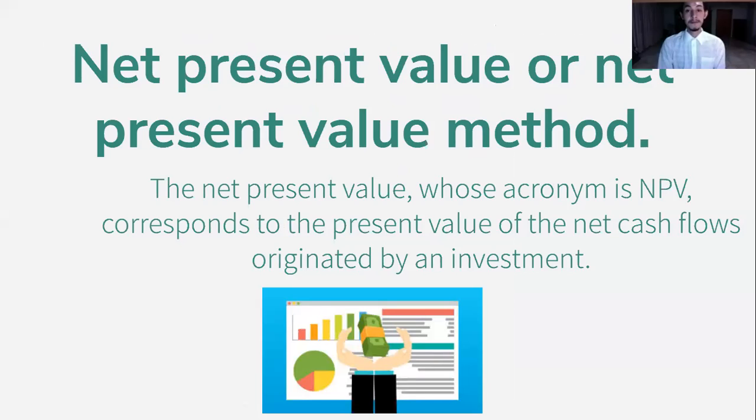In the event that all the future cash flows are income and the only outflow of cash is the purchase price, the net present value is simply the present value of the project cash flows minus the price of the purchase, which is the present value.